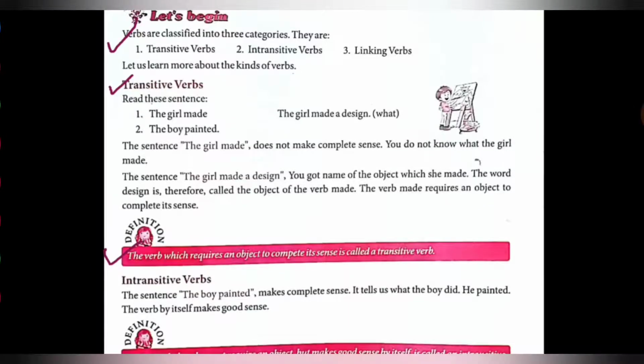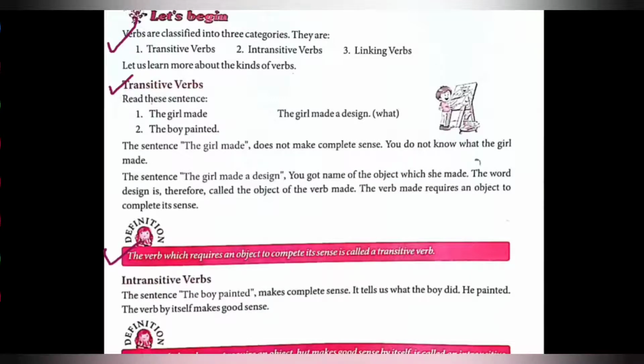The second sentence was the boy painted. Here it makes complete sense because it shows the action of the boy. The word painted does not need an object.